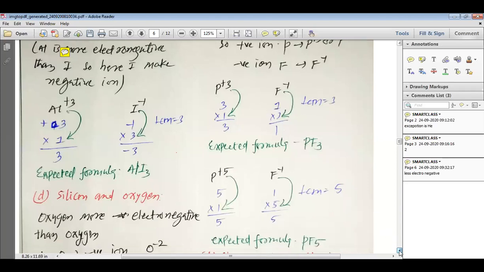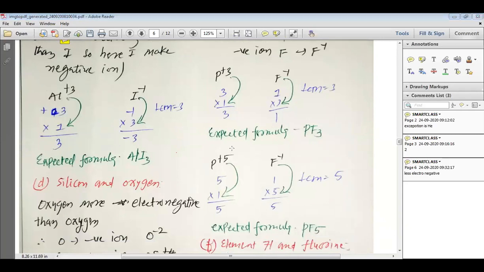But in case of P+5, we can easily understand, my dear students, that the charge on phosphorus is 5, whereas the charge on fluorine is 1.